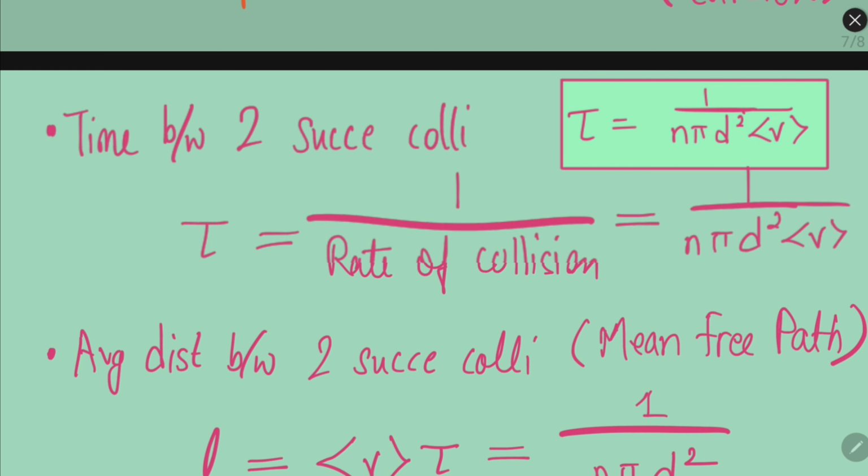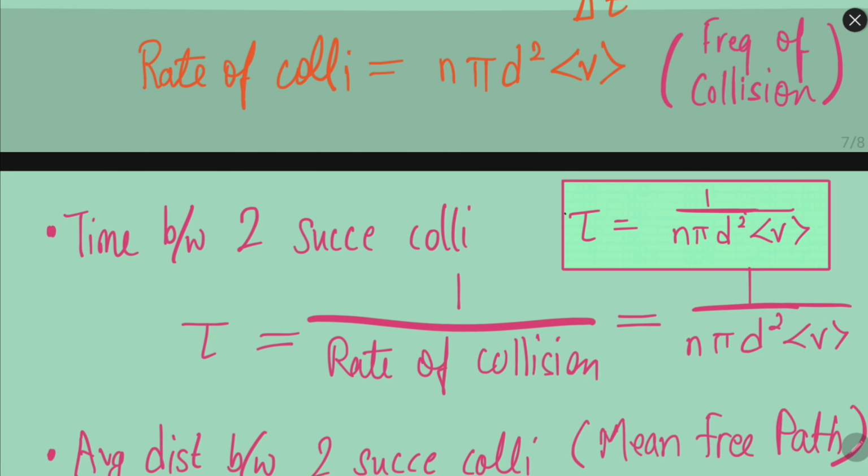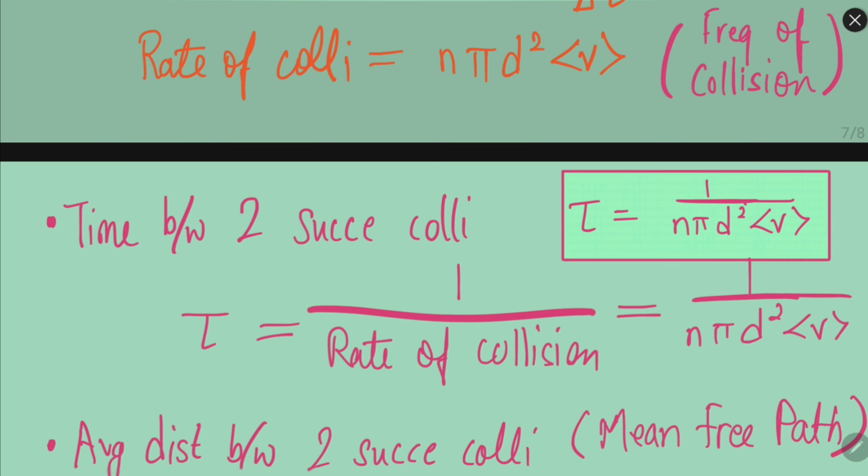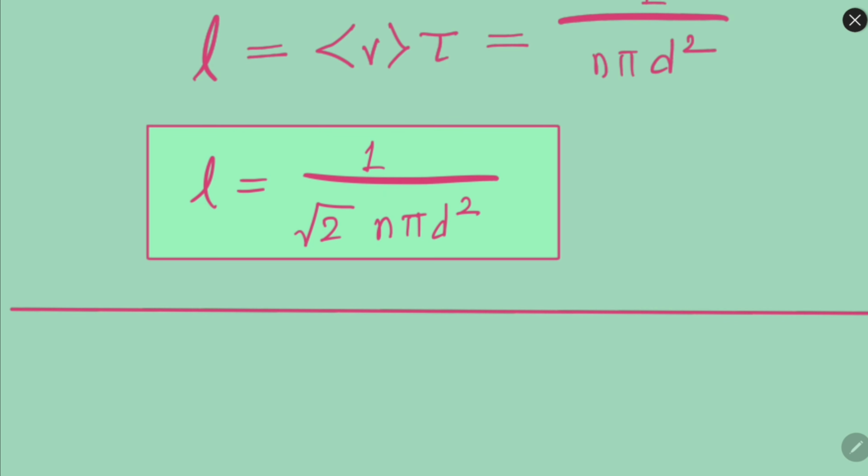We can also find the relaxation time, which tells us the time period between 2 collisions. It will be 1 over n pi d square, average velocity: number of molecules per unit volume, diameter of molecule, average velocity. So these formulas are important.